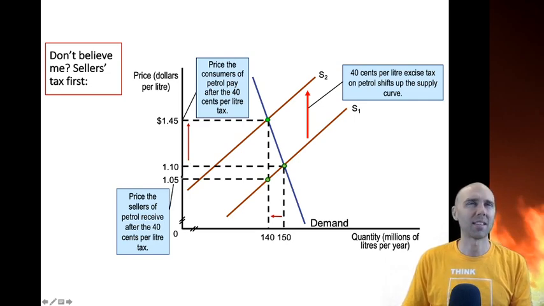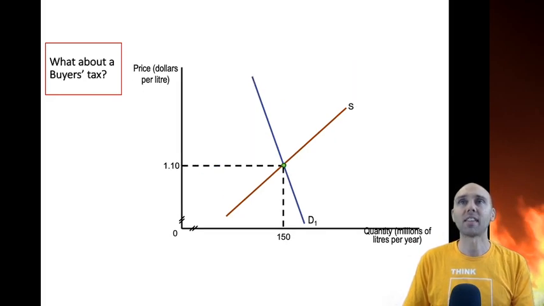And we can get some intuition why that is when we look at the steepness of the demand curve versus the supply curves. So definitely demand is more inelastic in this case, which is also quite realistic for the petrol market. What happens if we impose the same tax now onto the buyers?